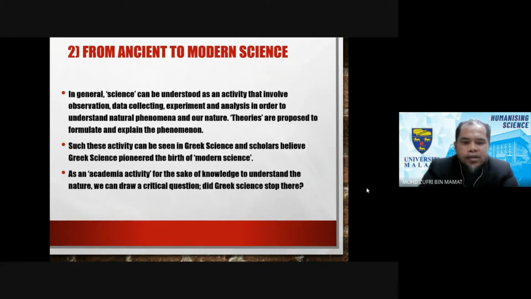Such activities can be seen in Greek science, and many scholars believe that Greek science pioneered the birth of modern science, as it had already started the early features or characteristics of modern science, as we will discuss later. We also see Greek science as an academic activity for the sake of knowledge to understand our nature. So we can draw a critical question: did Greek science stop there?